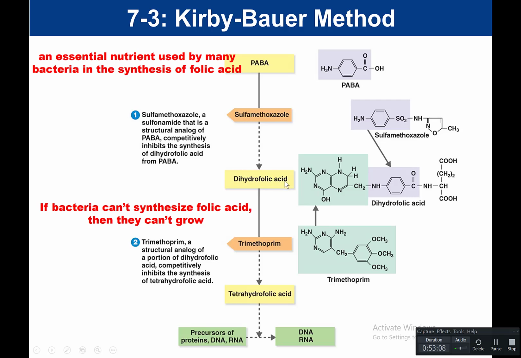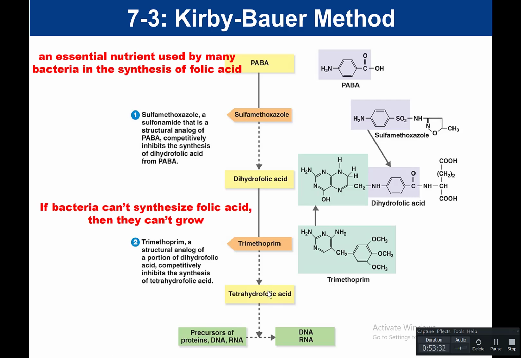So if we don't produce the dihydrofolic acid, then we can't produce the tetrahydrofolic acid. The reason that the sulfa drugs and trimethoprim are synergistic is because trimethoprim inhibits a different step in the process. It inhibits the step going from dihydrofolic acid to tetrahydrofolic acid.